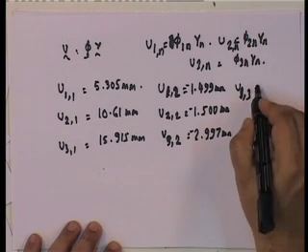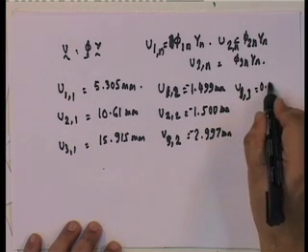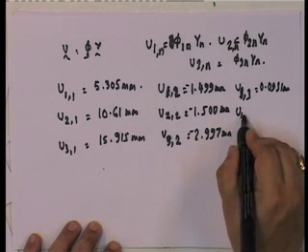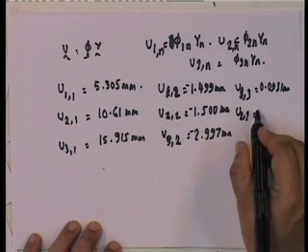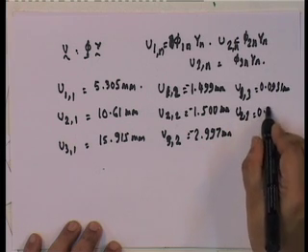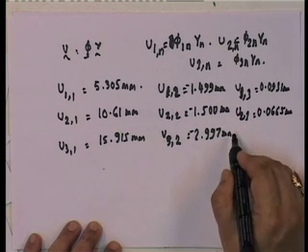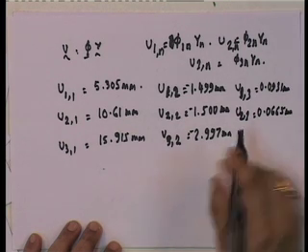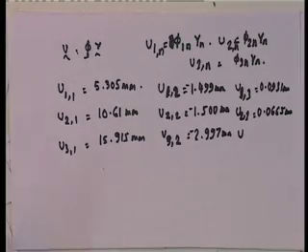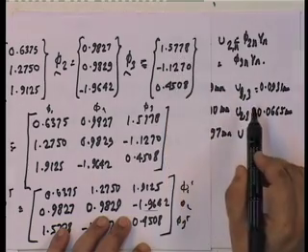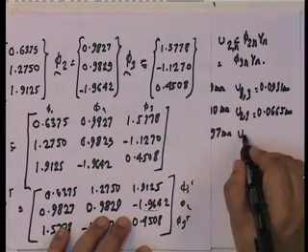And phi 13 is equal to 0.0931 millimeter, V23 is equal to 0.0665 millimeter, and V33 is equal to, please note that it is 1.5778 into y3, okay, and all of those.